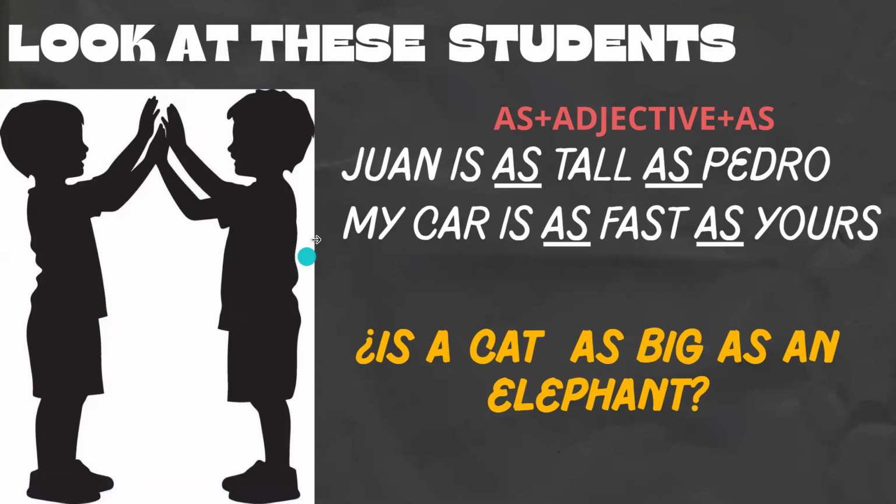Yes, in this picture, I can see two shadows. I think they are children, and they are holding their hands in front of each other. Yes. Alexis, can you repeat, please? What can you see in this picture?